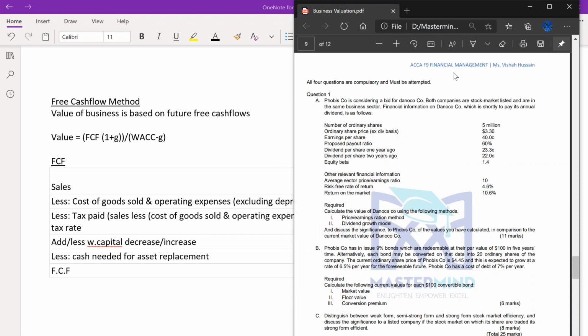You will also be performing this Focus company question. All you need to perform in this question is requirement A, price to earnings ratio method, and dividend growth model.